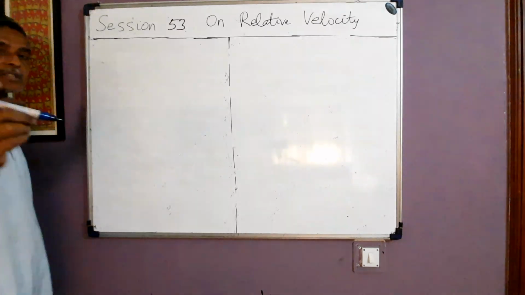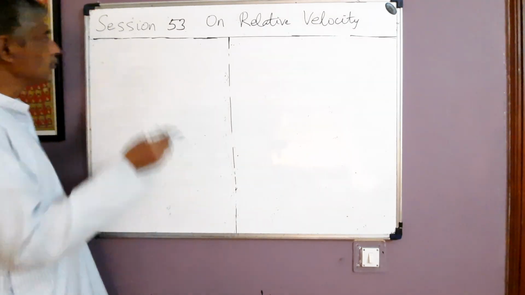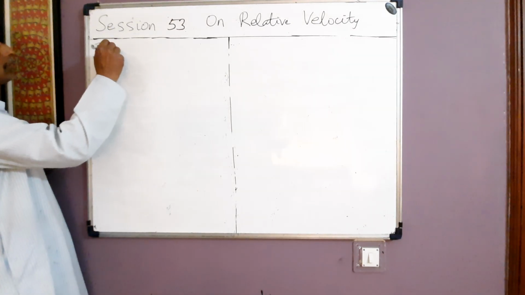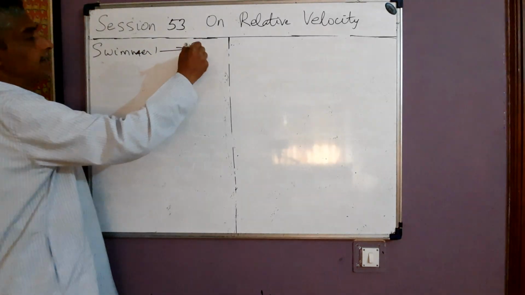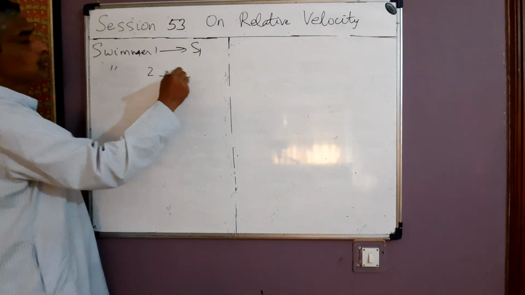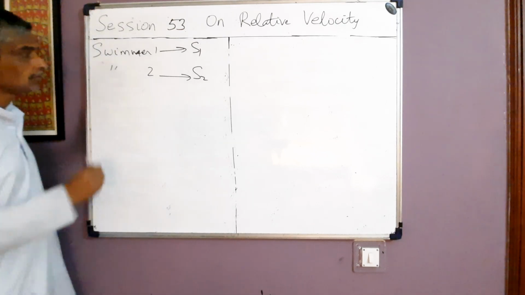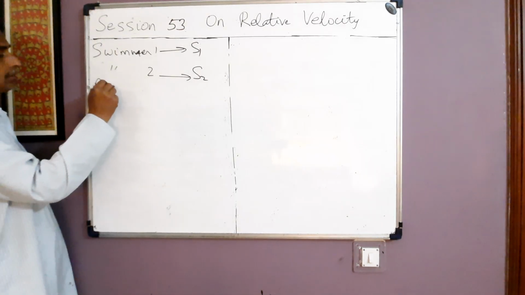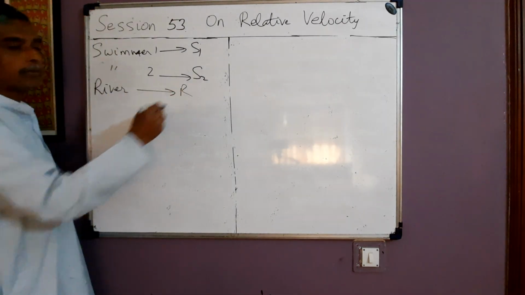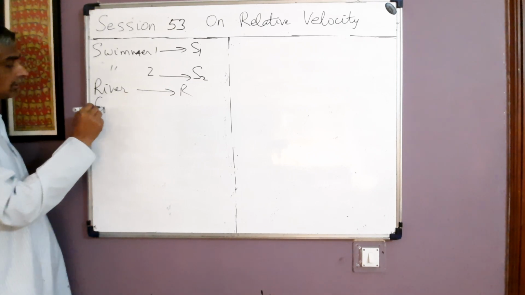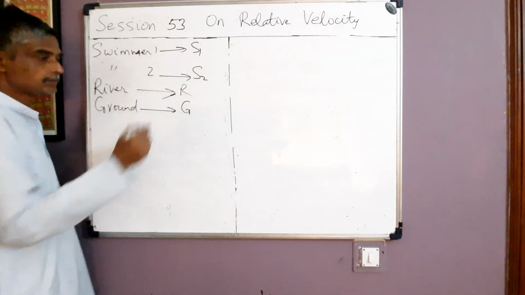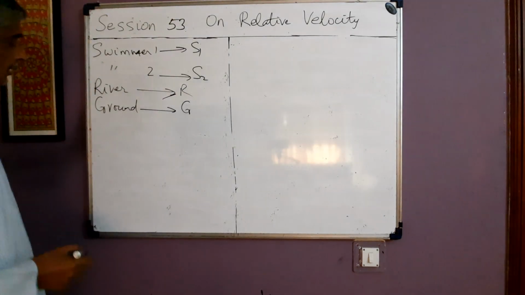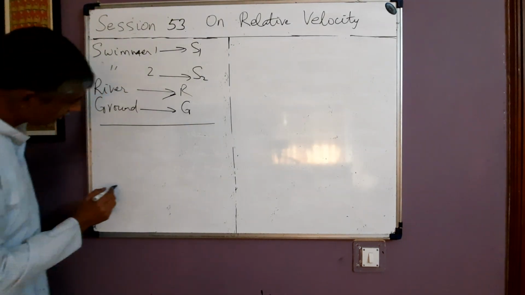There are two objects under consideration, swimmer 1 denoted by S1 and swimmer 2 denoted by S2. We have the river frame denoted by R and the ground frame denoted by G. Now this is the top view of the situation.